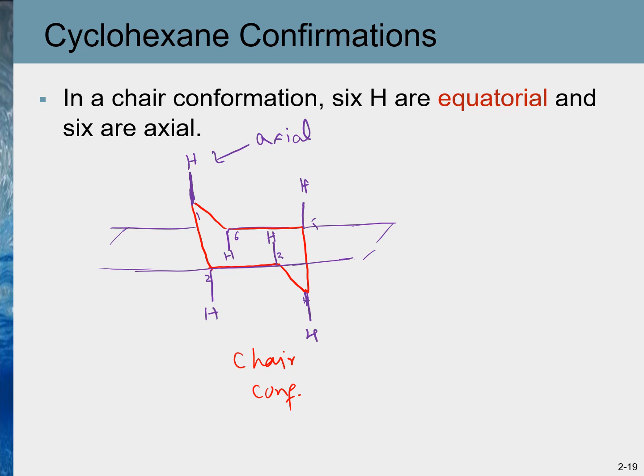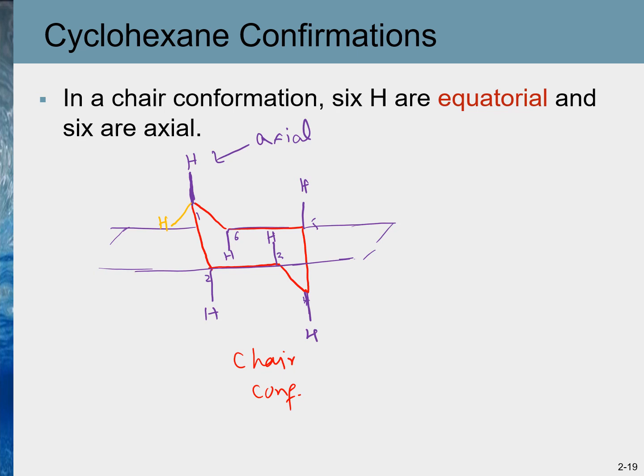Now, how to draw the equatorial position? It's as simple as that. Remember, all carbons are tetrahedral because they are sp3. So we just need to complete the tetrahedron now. Therefore, if the axial position at number 1 carbon is a flagpole kind of above, just complete the tetrahedral position. So this would be the equatorial position.